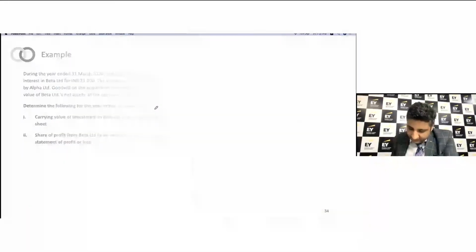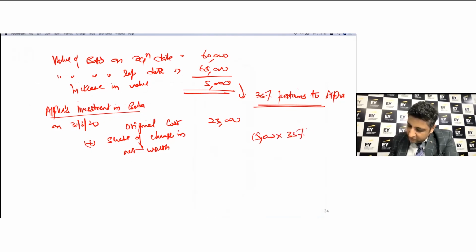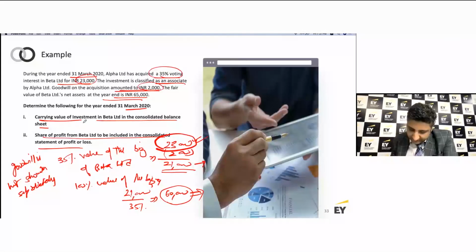We are saying original cost 23,000 and share of change in net worth, which is 5,000 into 35%, right? That is 1,750. Okay, so that becomes 24,750. And that's what, by the way, is the carrying value of the investment in the group balance sheet.